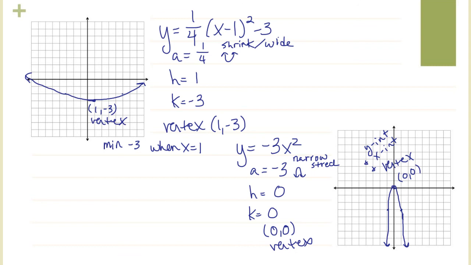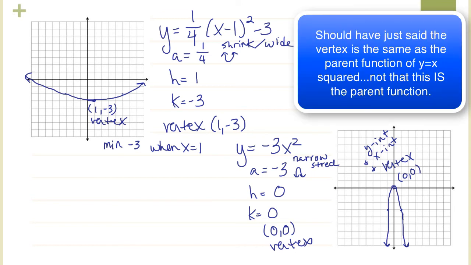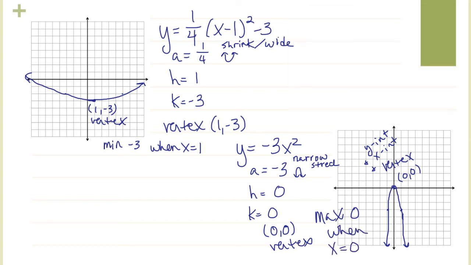That vertex being at the origin makes it the vertex and the x-intercept and the y-intercept. It hasn't translated. It hasn't moved anywhere. All the rest of them move off that spot. This one has a min or a max? Has a max at 0 when x equals 0.